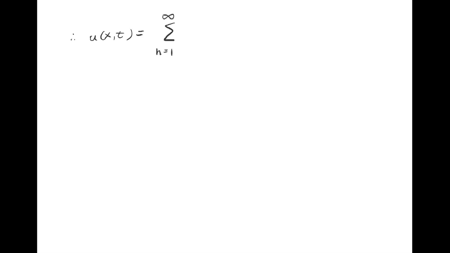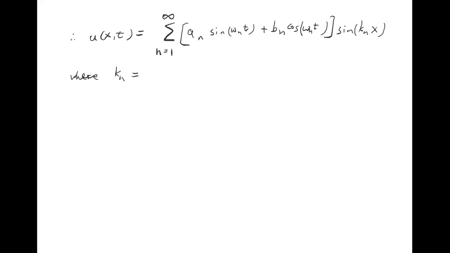So now we have this: an sine omega nt plus bn cosine omega nt, times that sine knx.